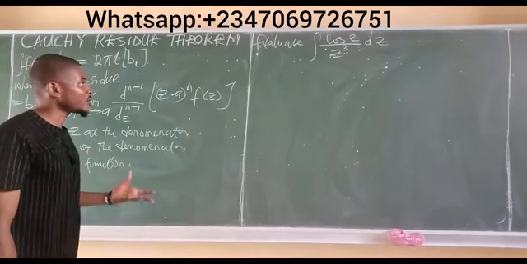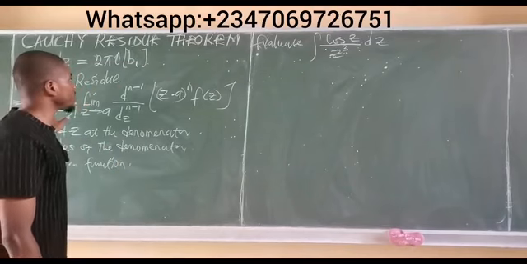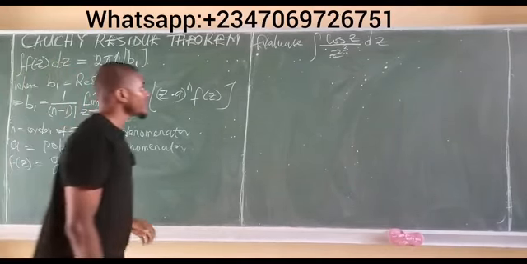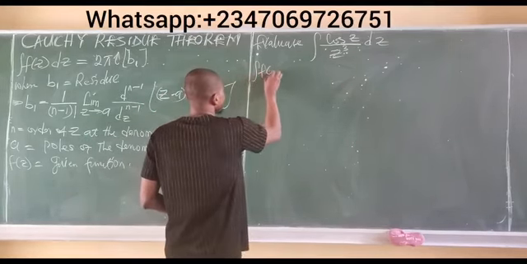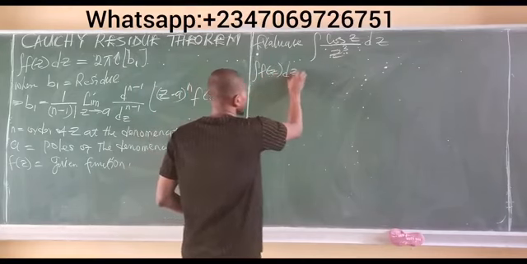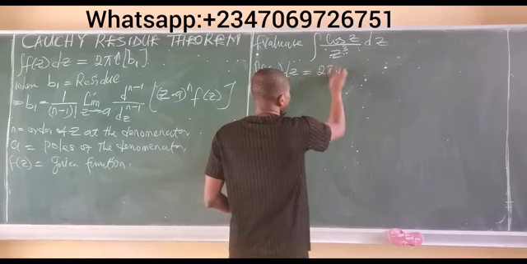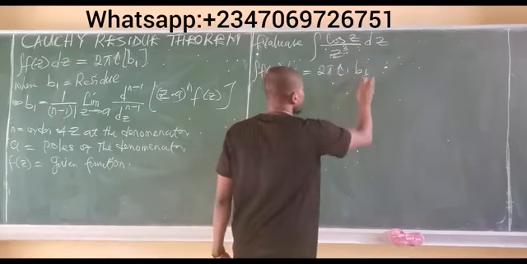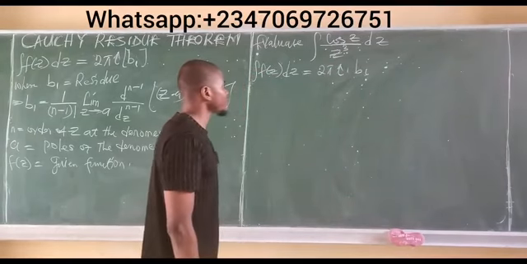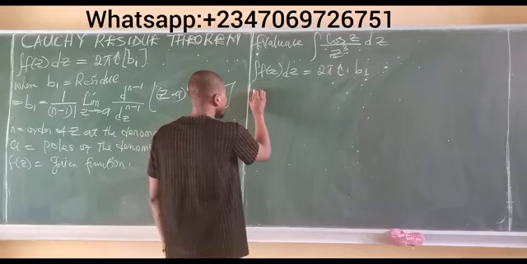This is a very simple analysis to do, using all the ideas I explained over here. First, you know that the integral of this function f(z) dz must always be 2πi multiplied by b1, where b1 is the residue. Now, what then is the function?